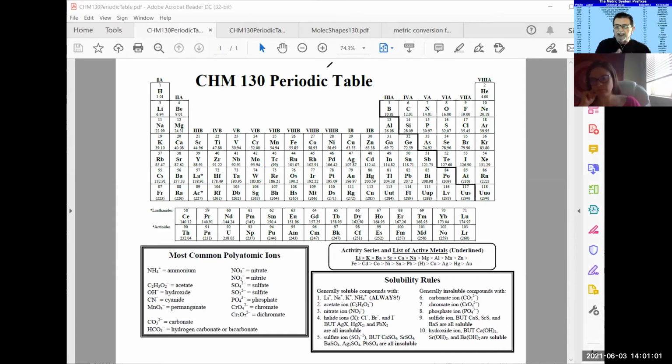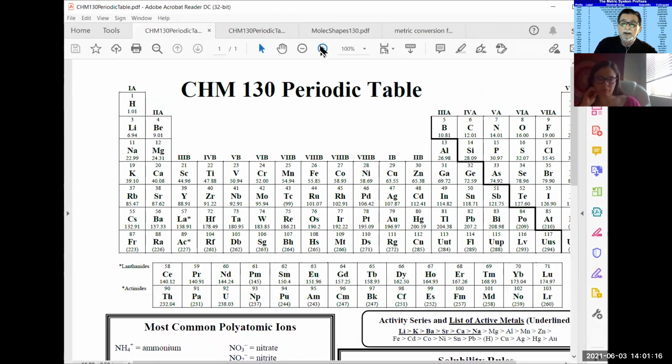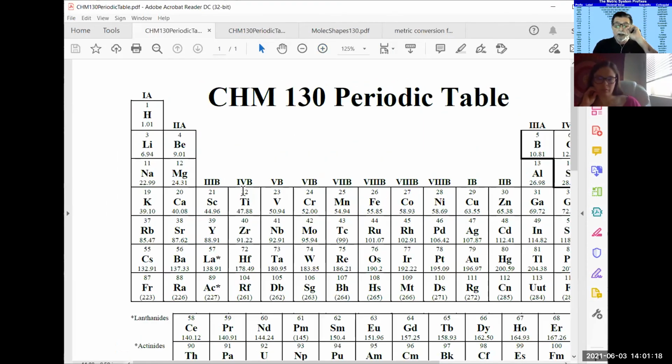The reason I state that is when we get ready to do calculations, there's a number. If you look carefully, there is a number. Here's a periodic table and the symbols. Either the symbols will be a single letter or a double letter.